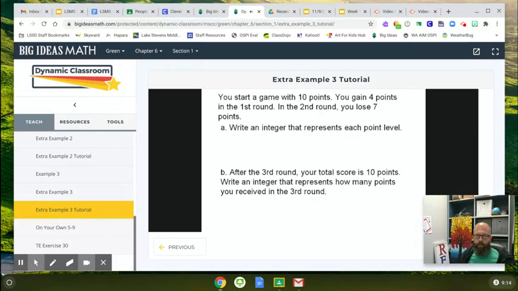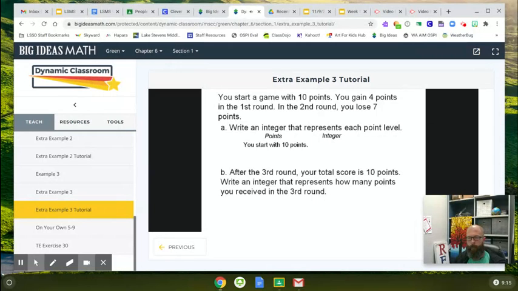Let's make a list of the point values given at the beginning of the problem, and then write the integer. The problem says that you start with 10 points. So, an integer to represent 10 points is 10. Next, the problem tells us that you gain 4 points.